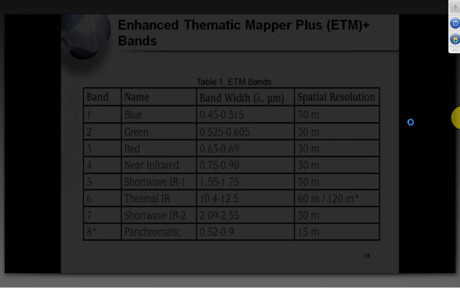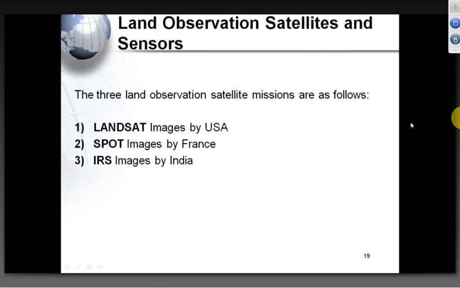Now, apart from the multispectral satellite images, there are 3 land observation satellite images, which are as follows: the Landsat images by USA, SPOT images by France, and IRS images by India. We will have a small glance over these images.